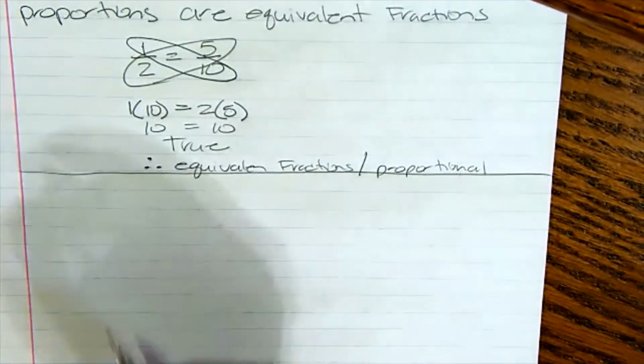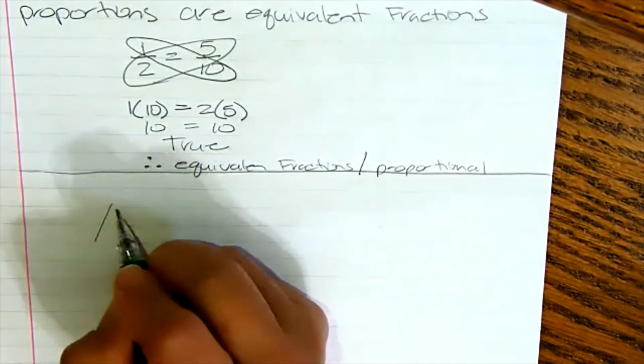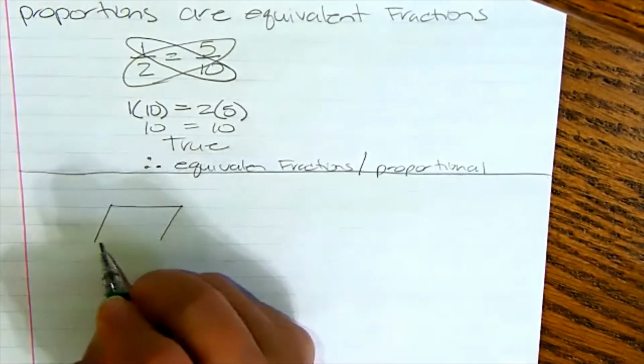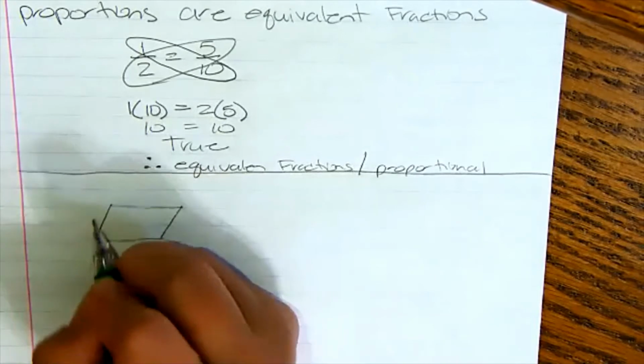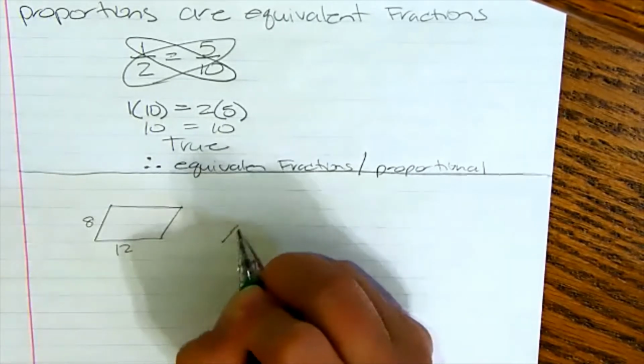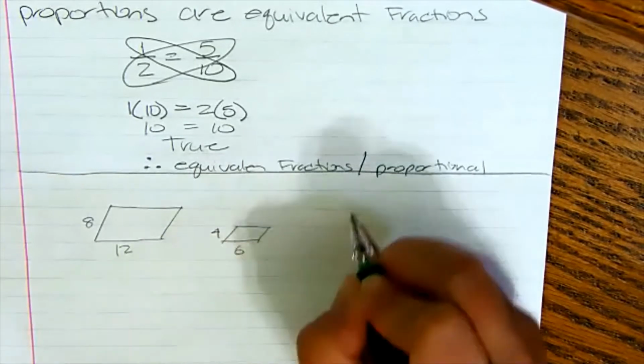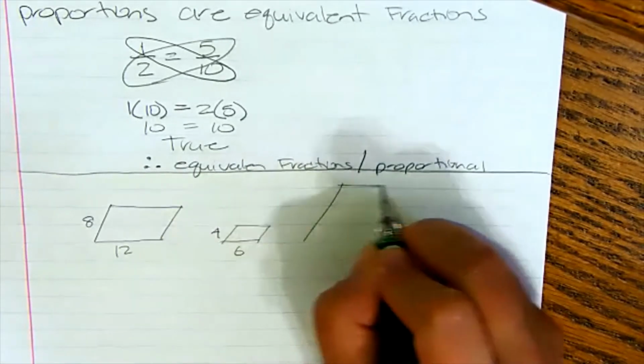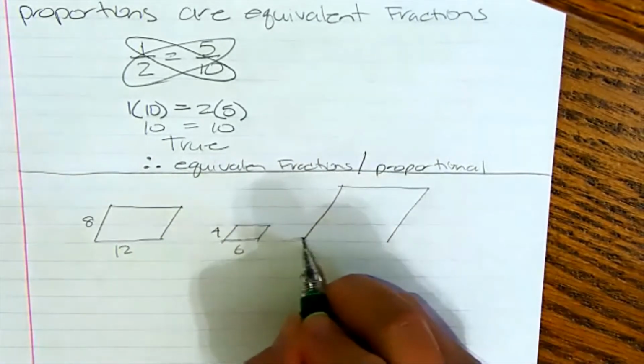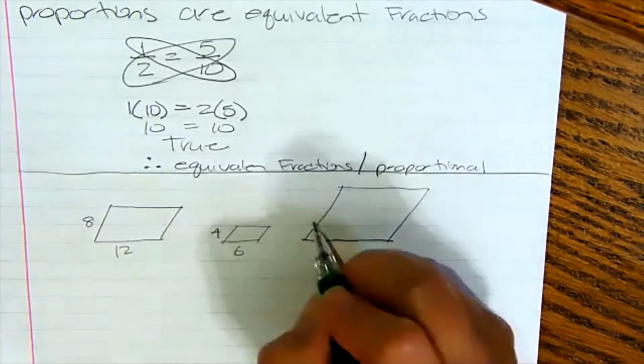So the book has given us 3 parallelograms. And all 3 parallelograms are different sizes.